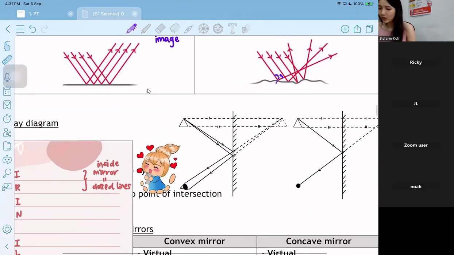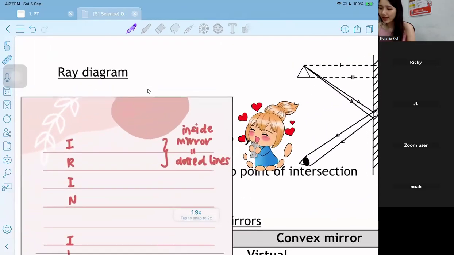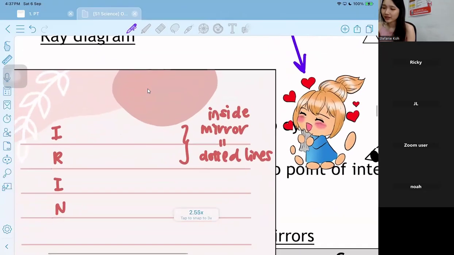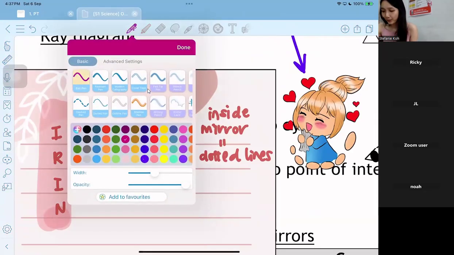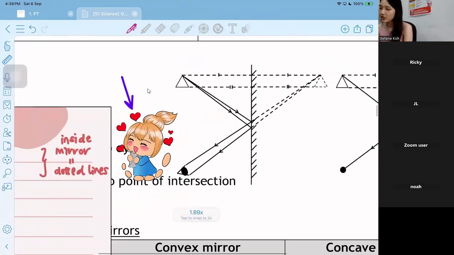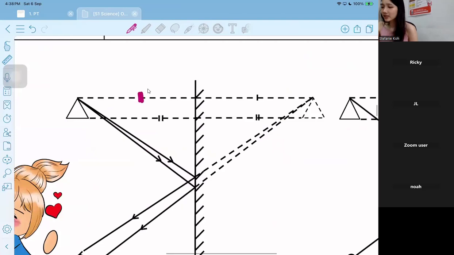Next one, how to draw a ray diagram. I have this girl over here, Irene. Her name is Irene. Irene is going to help us draw our ray diagram. How? Step number 1, image. You always start your ray diagram by finding the image. Where is the image? Equidistant from the mirror.